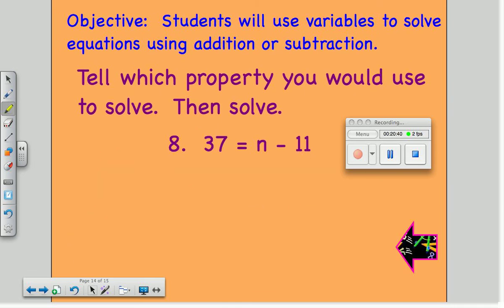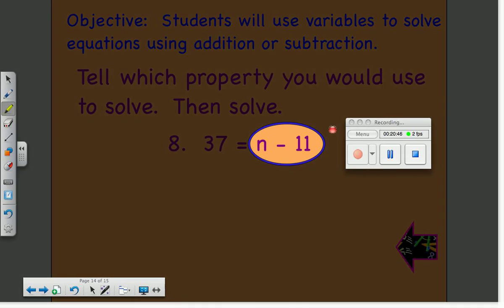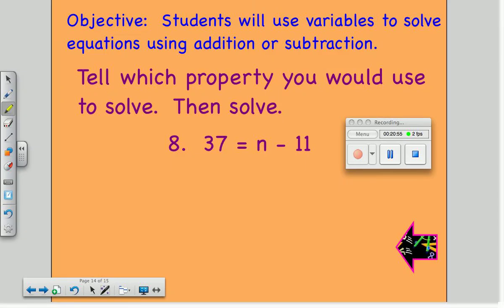Last one. Focusing on the variable. What am I doing with the variable? I'm subtracting 11. What's the inverse of subtraction? Addition. How much do I add? 11. So I have n minus 11 plus 11. What do I have to do on the other side then? Take 37 and also add 11.